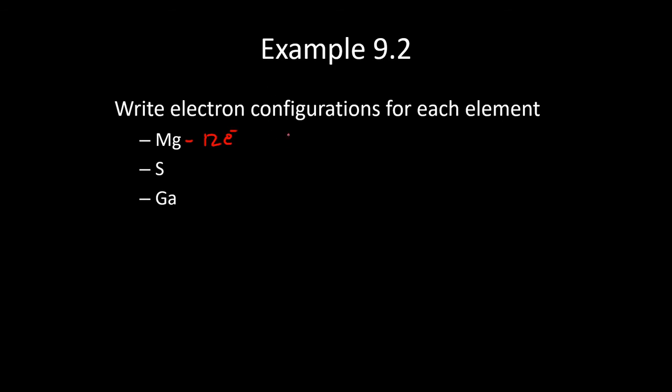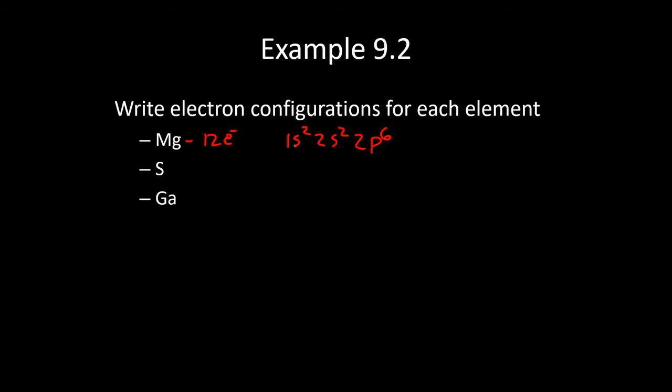So 1s is first. It can hold 2 electrons. 2s is next. It can hold 2 electrons. 2p comes after that. How many electrons can p orbitals hold? Yep, 6. They have 3 orbitals, 2 electrons each. So that's 6.